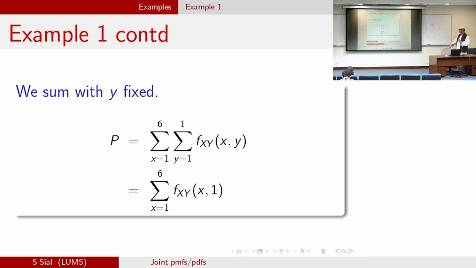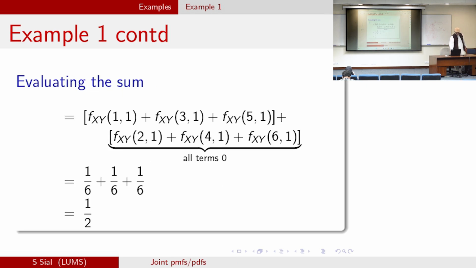Well, let's take care of the y sum first. That basically says that y is equal to 1. So that's the sum from 1 to 6 of the PMF evaluated at (x, 1), with x going from 1 to 6. We take x as 1, 2, 3, 4, 5, 6.